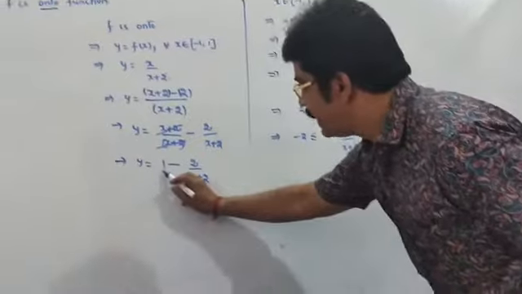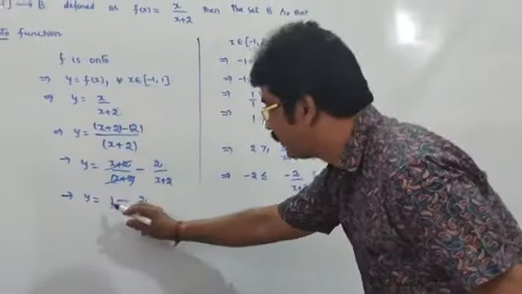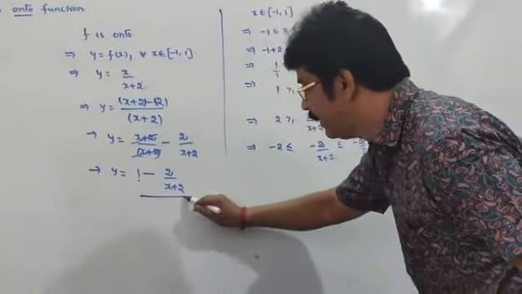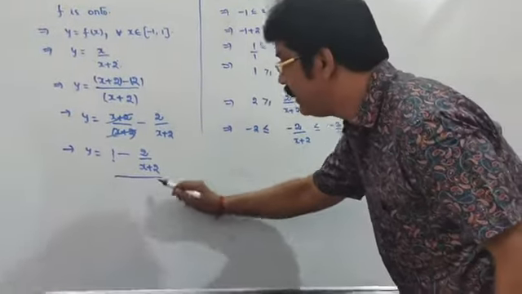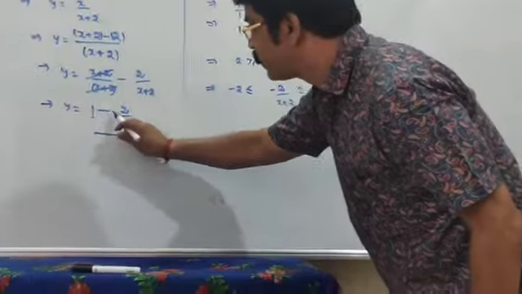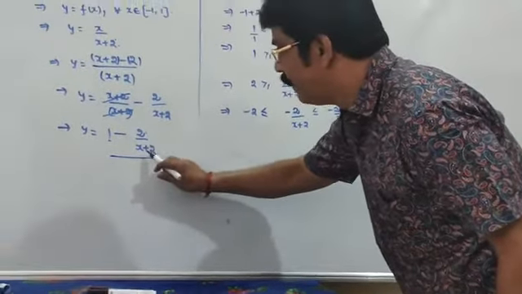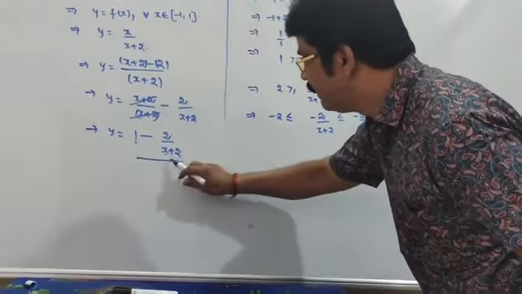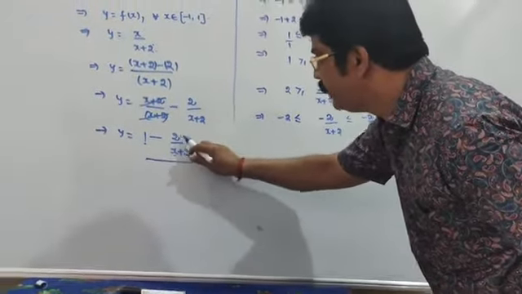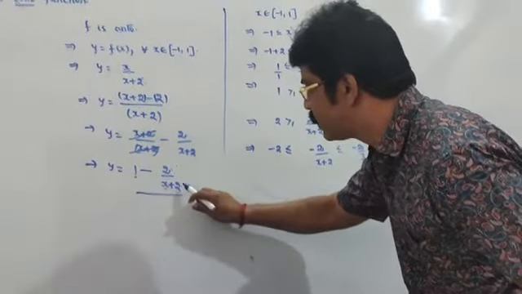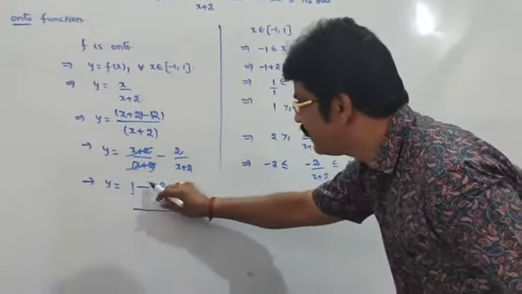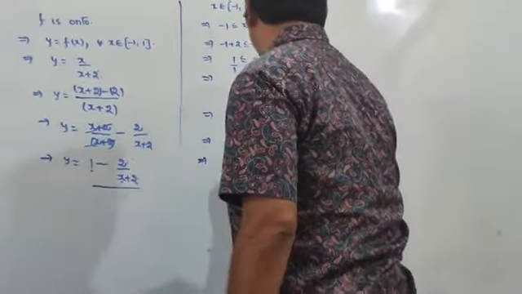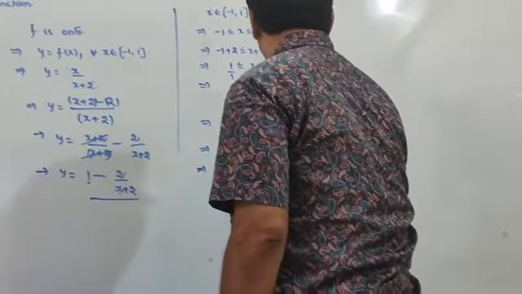The greater than or equal to takes the reverse direction on multiplying by minus throughout the inequation. Later we must add 1. So gradually we shall obtain 1 minus 2 by x plus 2. Later obtain minus, later add 1. So again add 1 throughout the inequation.